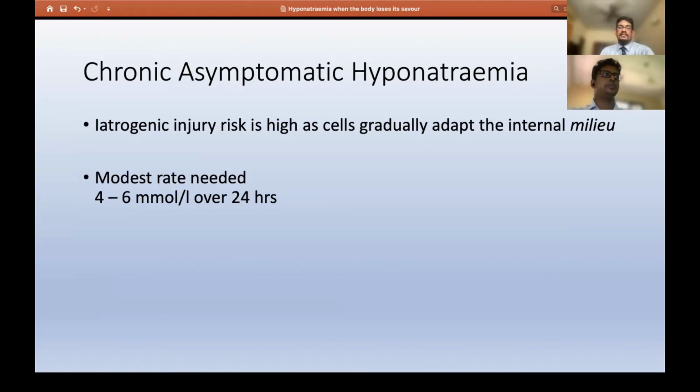The rate of giving 3% saline may be even 20 milliliters per hour or 30 ml per hour, depending on the weight, the sodium level, and the chronicity in the patient. So don't have a blind thought in your head of giving 100 milliliter boluses of 3%. In chronic asymptomatic hyponatremia, you need to calculate and give it carefully. So use your calculators.